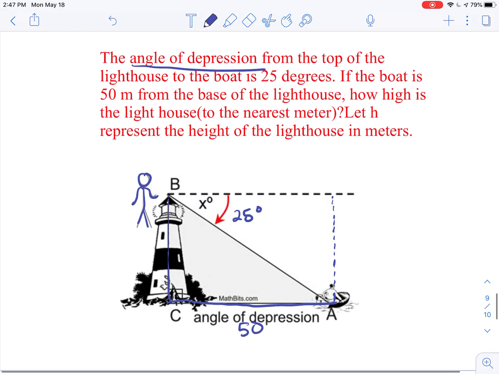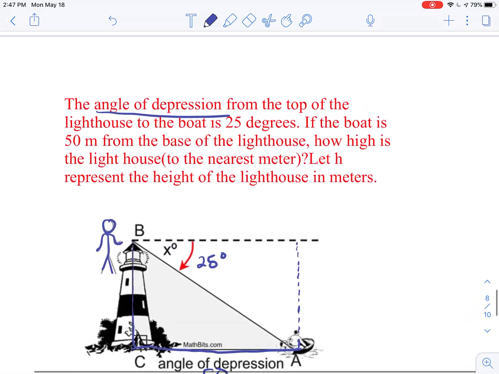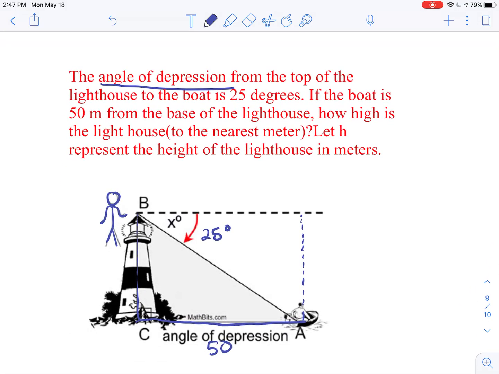That 50 that matches the base to the boat also matches from the top of the lighthouse to an area directly above the boat. So we have 50. Now the question is, how high is the lighthouse? So again, the lighthouse is here on this side, matches on that side. Okay, so we are trying to find the height of the lighthouse. Oh wait, they use h.